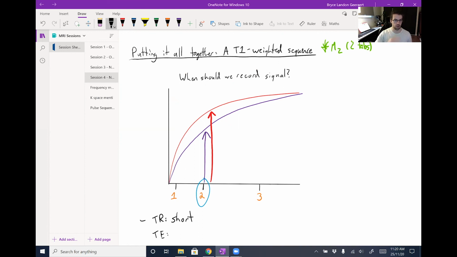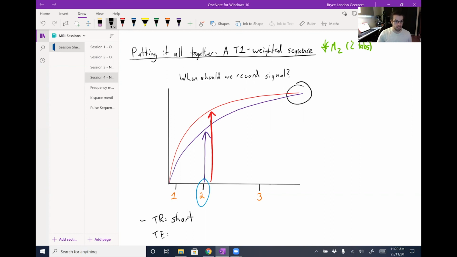We want a shorter TR so that some samples have a high amount of signal, because they have that quick regrowth going on, whereas other samples have not regrown as much. That's why our purple arrow here is shorter than the red arrow, because we haven't given enough time for both of them to catch up like they would over here if we waited longer.